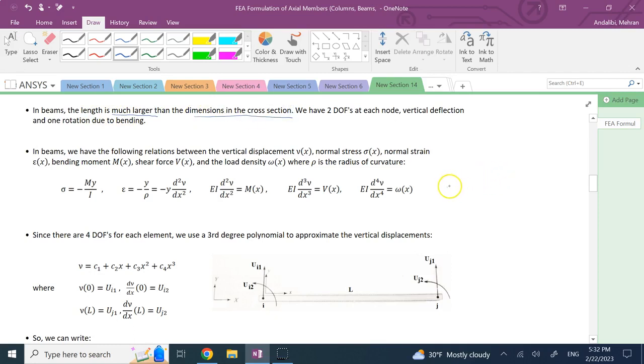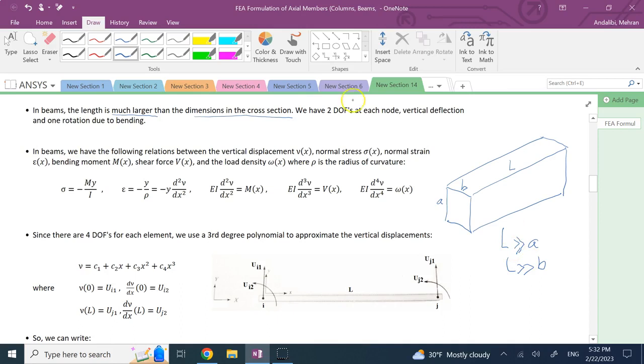So if you have a beam, then basically if it has 3 dimensions, and you might call them A, B, and L, this L is clearly way bigger than A, and it is way bigger than B, at least an order of magnitude bigger. So you can call it beam. Typically it's much bigger than that.